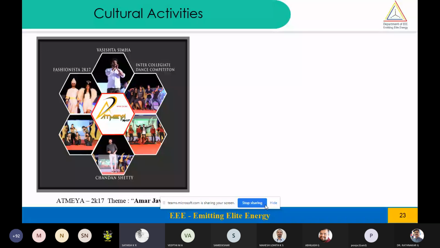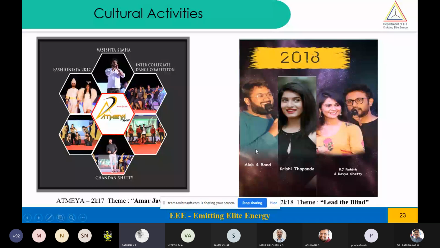Here, cultural activities take place yearly, annually once. These are the activities. We go with cultural activities like Atmiya. Each year we have one slogan. In 2017 we had Amar Jawan. In 2018 we had the theme of Lead the Blind. Like this, each year we have one theme, and the fest is conducted for 3 days.